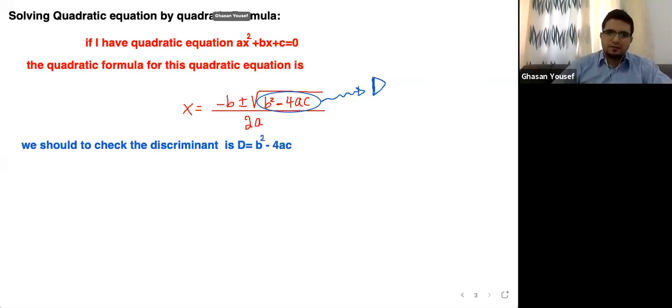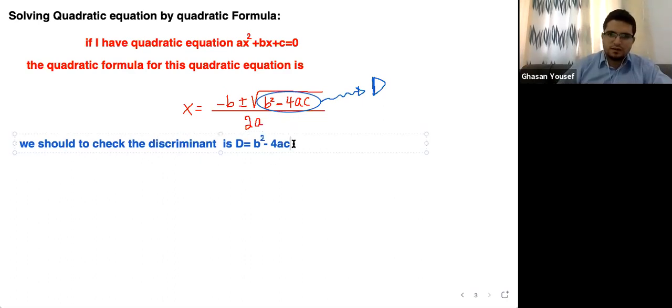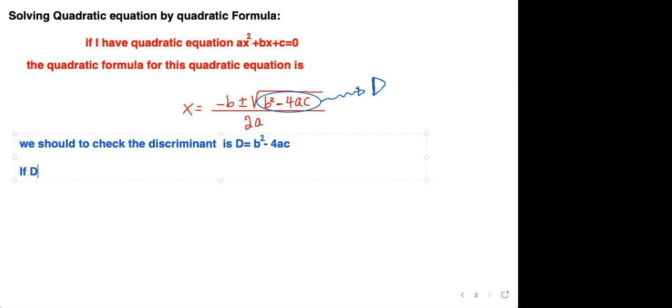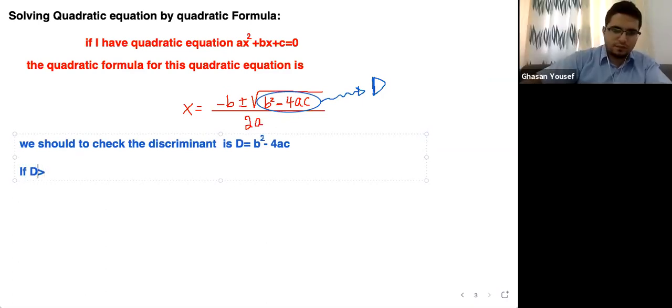So what do I have to check? If this d is greater than 0, I mean a positive number, then the equation has two different real solutions.